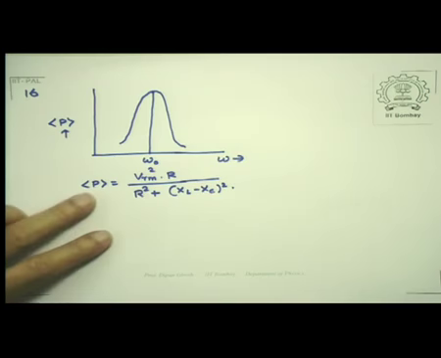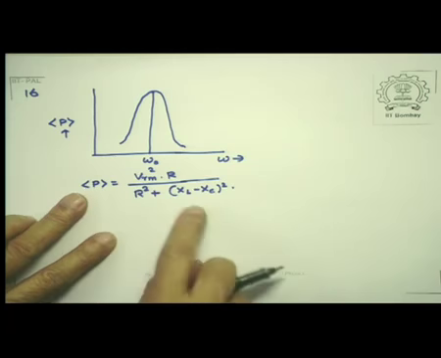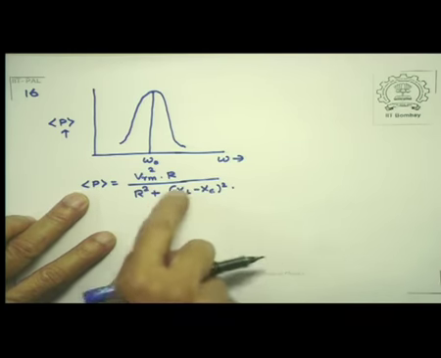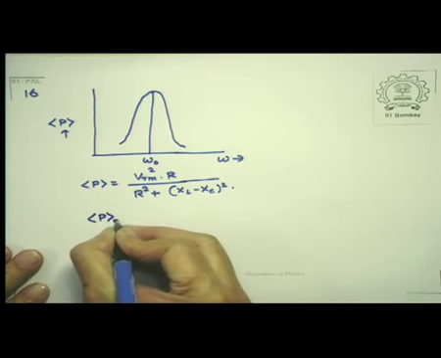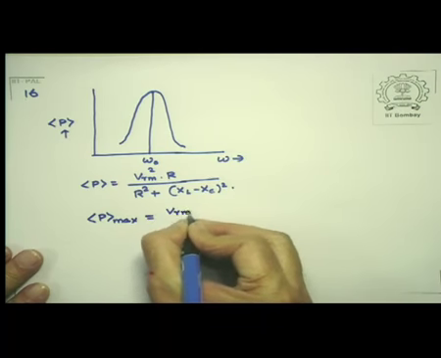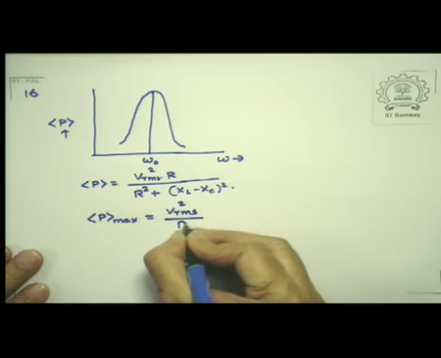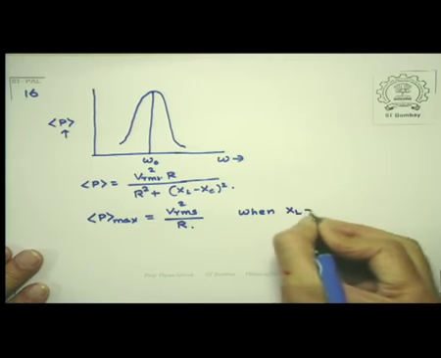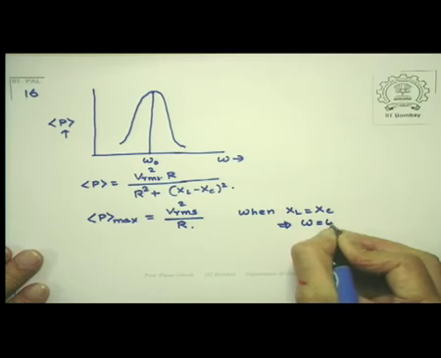Now clearly this average power becomes a maximum when the denominator is minimum, which of course happens at resonance when XL is equal to XC. So let me say P max as a function of omega is simply V RMS square divided by R, when XL equals XC, meaning omega equals omega 0.